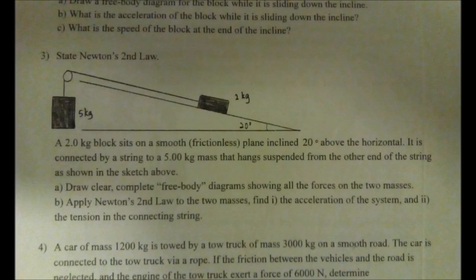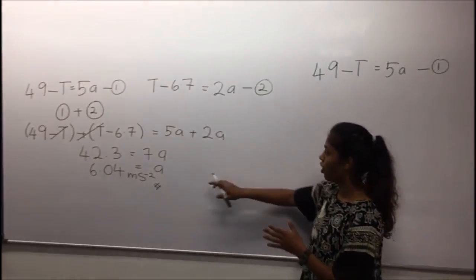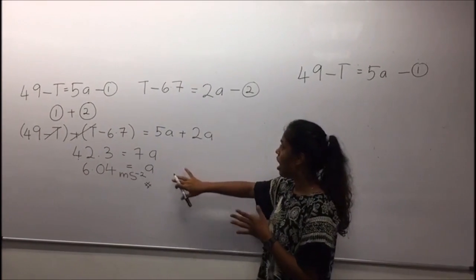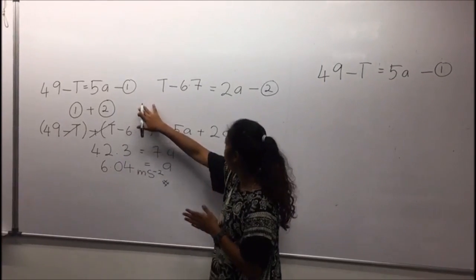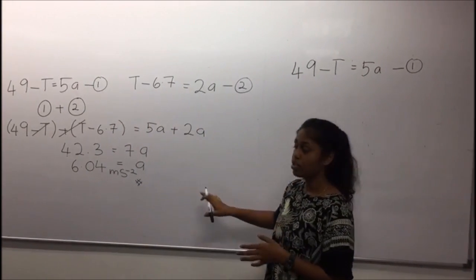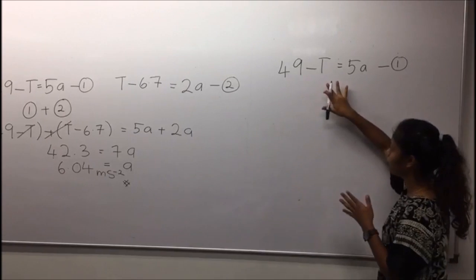After you found the acceleration from part B, you can use that acceleration to find the tension in the connected string. After you got the acceleration, you can put it inside either equation 1 or 2 to get the answer. For now, we will be using equation 1.